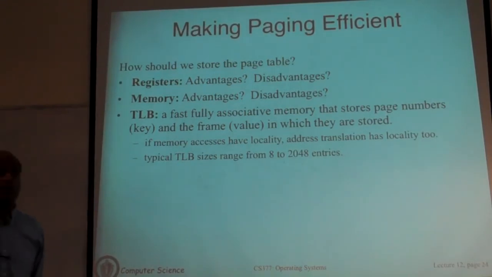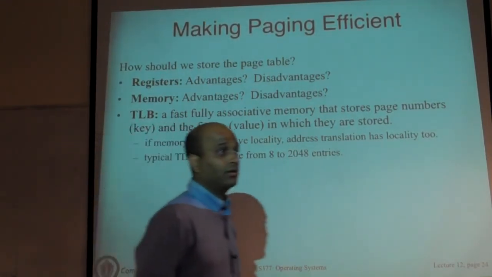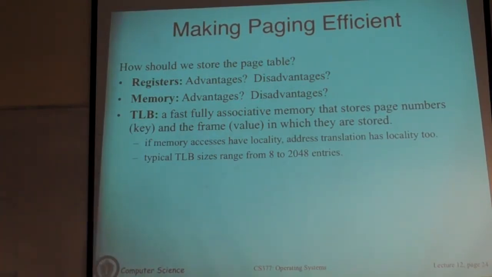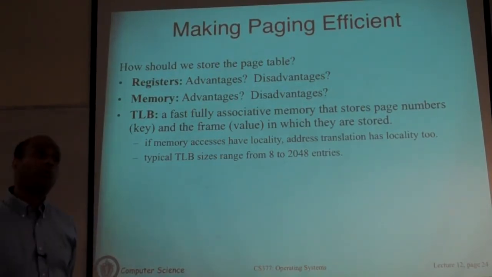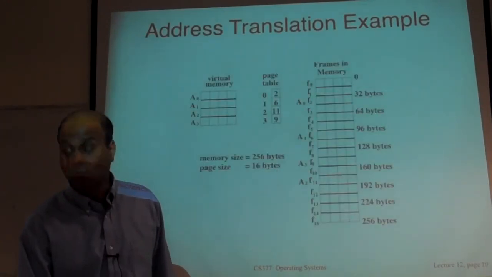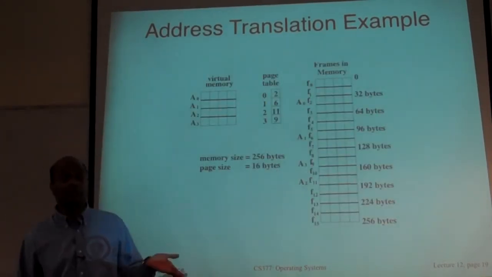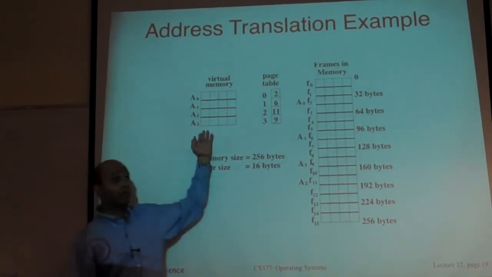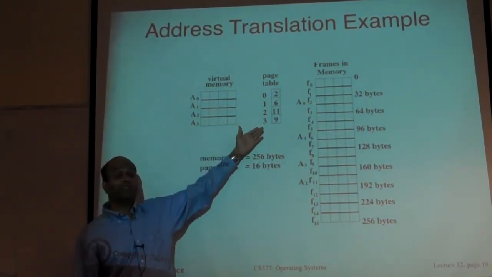You can of course store it in memory, in particular kernel memory, and that's what you actually do. If you store it in kernel memory, there's no limit on the size of the page table. You can make it as large as you want, subject to the size of RAM. But the disadvantage is that memory accesses are slowed down. Look at what has happened here. You execute an assembly instruction, let's say load memory X. To execute that instruction, you first have to go to the page table.